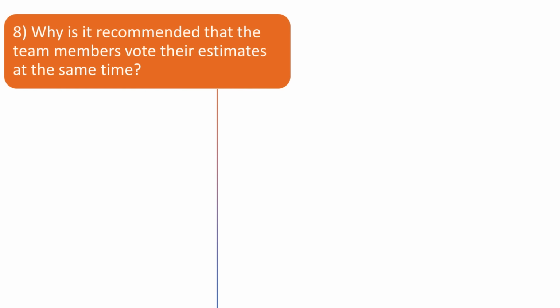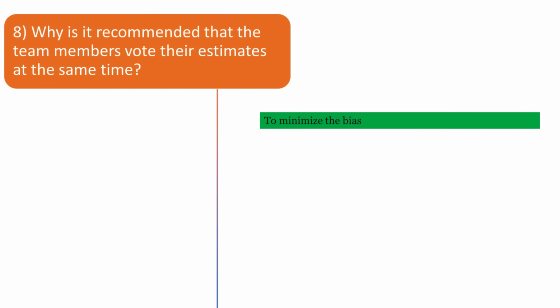Because team members voting at the same time reduces biases. This way, team members declare the estimate that they actually believe is appropriate as opposed to just following other team members' estimates.